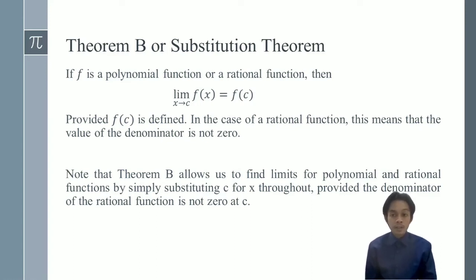This means that the value of the denominator is not 0. Note that theorem P allows us to find limits for polynomials and rational functions by simply substituting c for x throughout, provided the denominator of the rational function is not 0 at c.